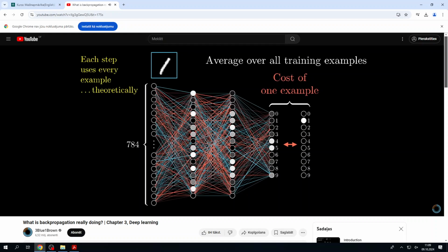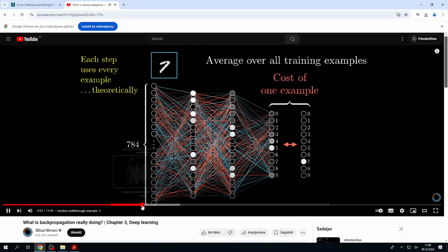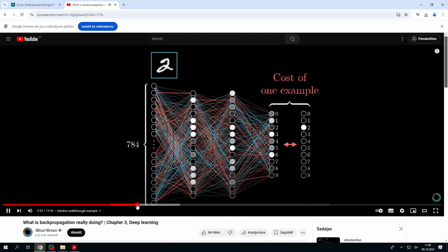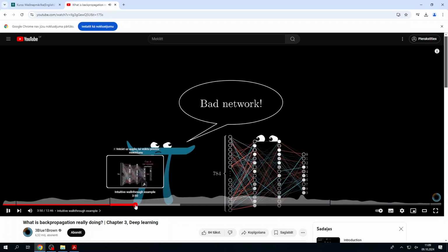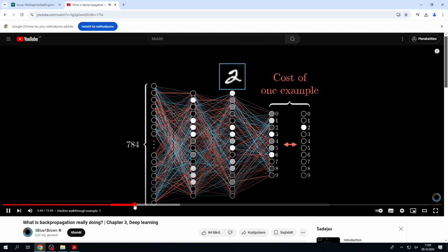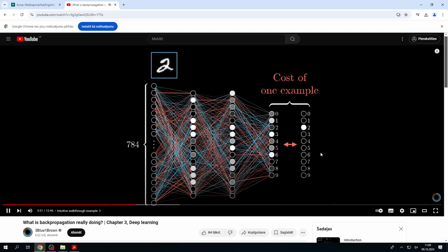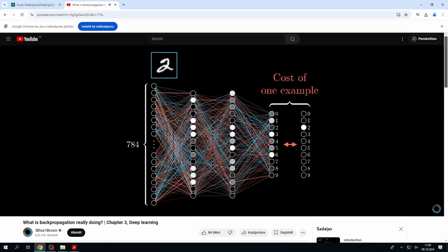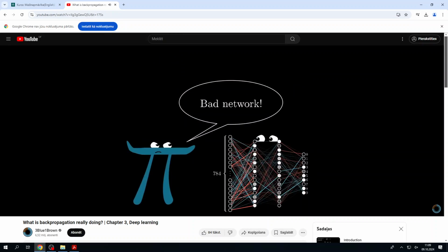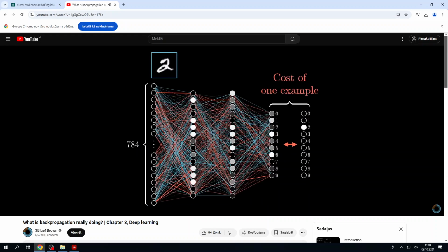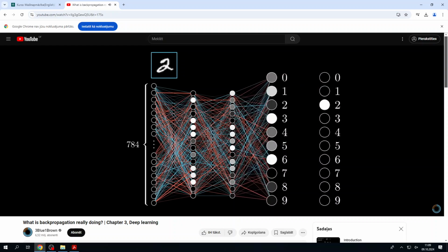Right now, we're looking at how the weights and biases get adjusted. Let's say we're at a point where the network is not well trained yet, so the activations in the output are going to look pretty random.